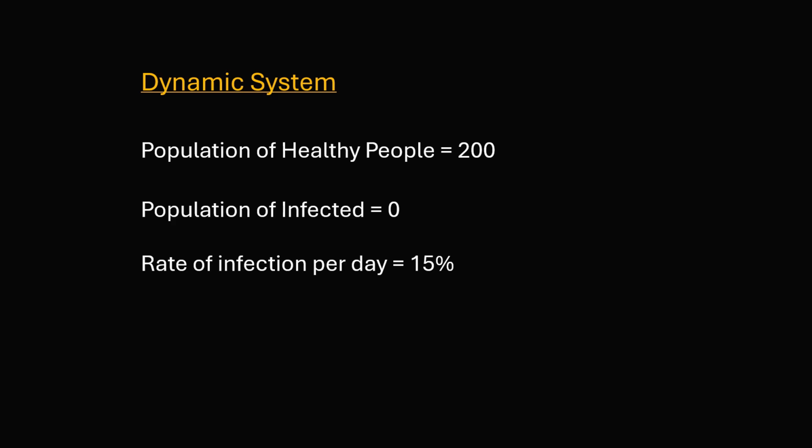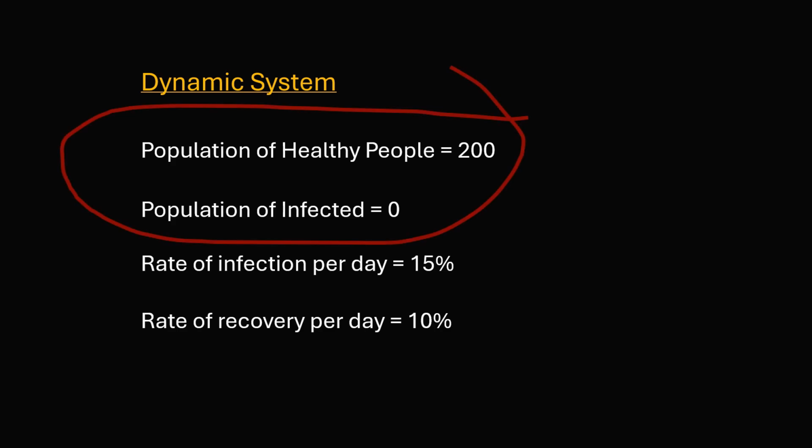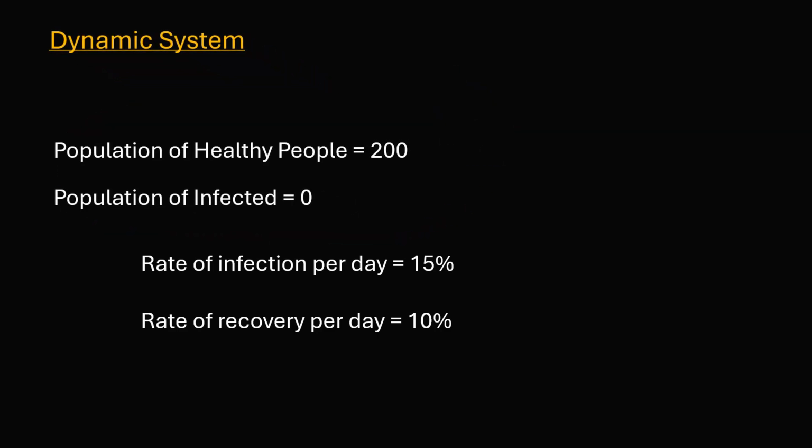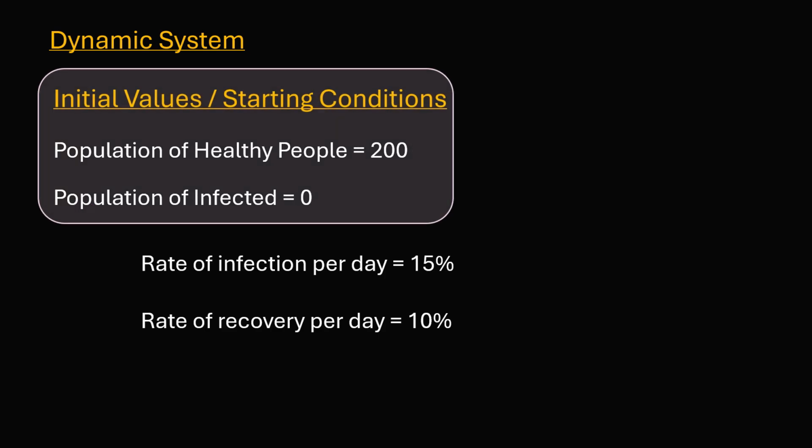Now I also know that the rate of infection per day is 15%. And the rate of recovery is 10%. So initially, what is there on day 0? 200 healthy people and 0 infected people. So I can say that the initial conditions are population of healthy people, 200, population of infected people, 0.